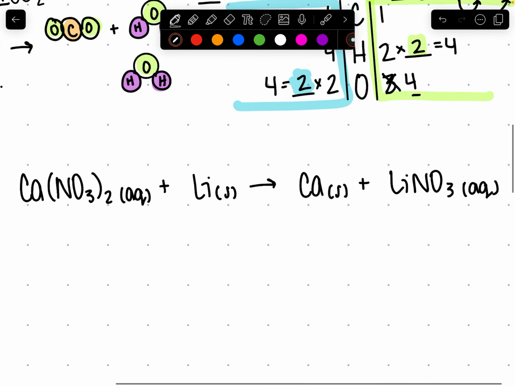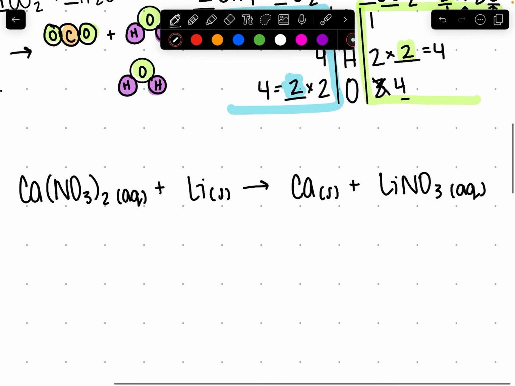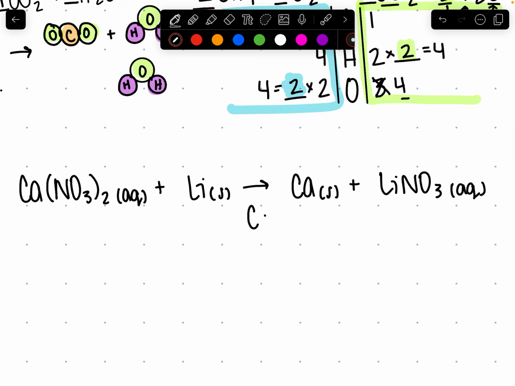So, according to the first step that I showed you back here for the table of values method, you would start by writing each individual element you have present in the reaction under your arrow to make yourself a table of values. However, you can use a little bit of a cheat trick here.